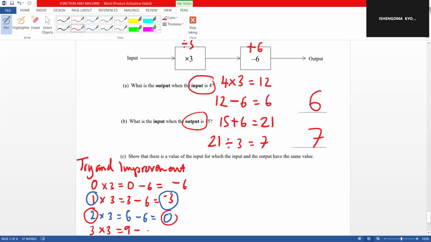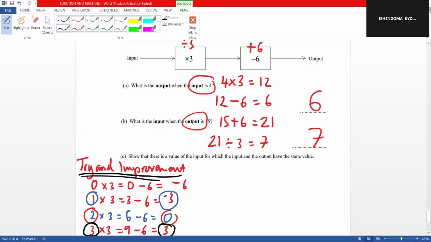Then 9, I subtract 6, I get 3. Okay, now I kept input 3, and my answer, I've got 3. That means the value is a 3 that will be working. This is using what we call trial and improvement.